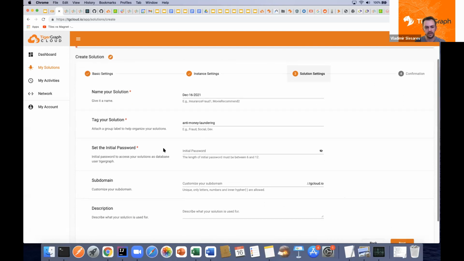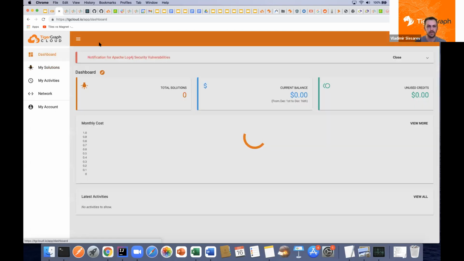I fill in the required password, the subdomain, and so on. It's all pretty straightforward. And then you end up with something very actionable, and you can get a strong appreciation and understanding of this concept of exploring the relationships within your data.